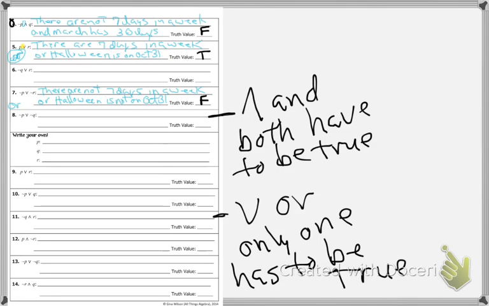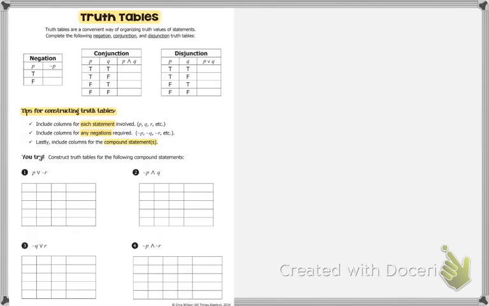Alright, let's move on to truth tables. So the thing about truth tables is we get rid of the statements, we get rid of the sentences, and we're strictly dealing with setting up a truth table for 2 statements, for 3 statements. It all depends on what your end compound statement will be.